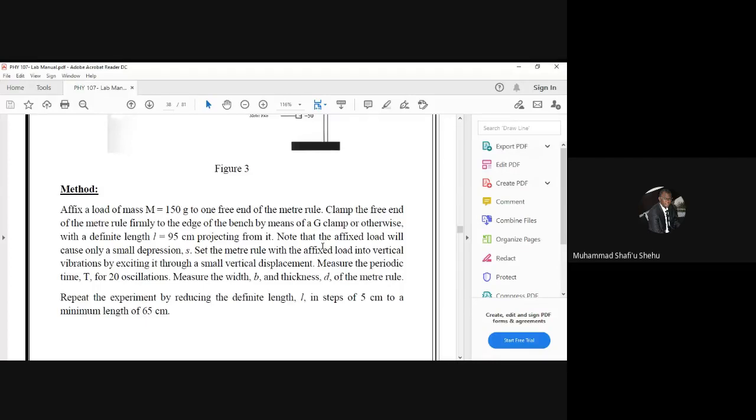That should be part of your apparatus. You're supposed to record it as your apparatus. Then the second line says we are to clamp the free end of the meter rule firmly to the edge of the bench by means of a G clamp or otherwise. So we're going to need a G clamp, which is also going to be recorded as one of our apparatus. We have two apparatus so far.